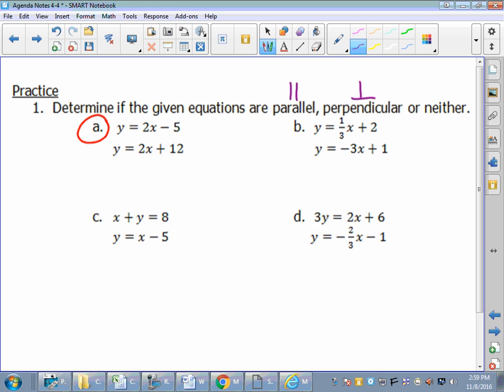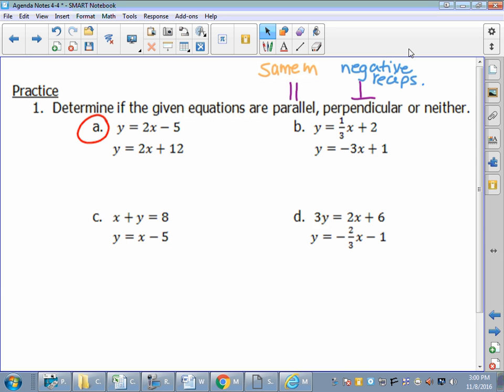So we know that parallel slopes are the same. We know that perpendicular slopes are negative reciprocals, so opposite signs and reciprocals. And if they're not either of those two, then they are not parallel or perpendicular.